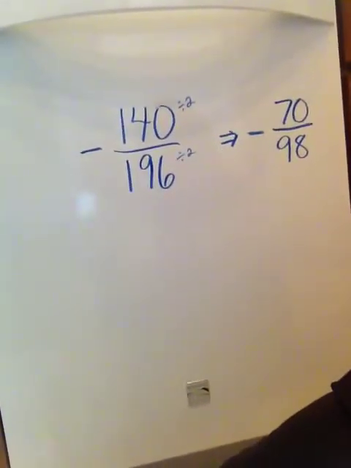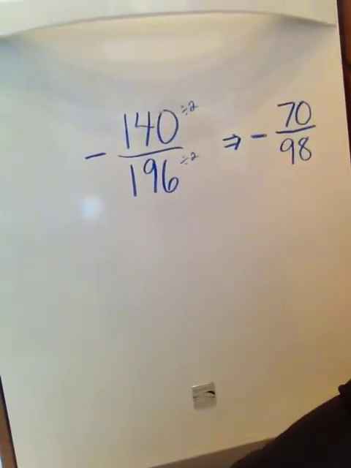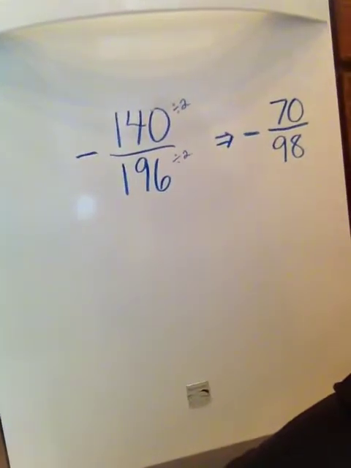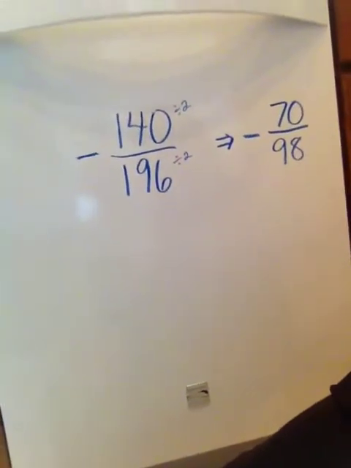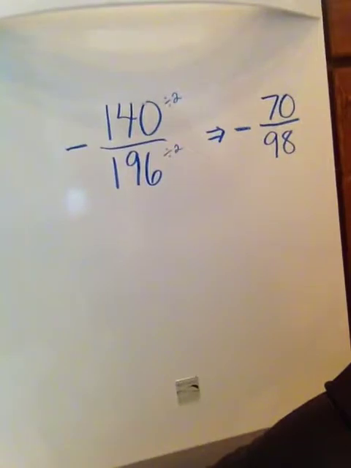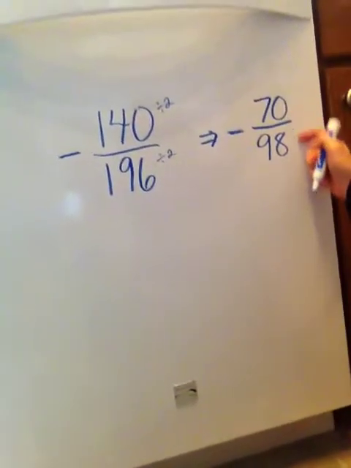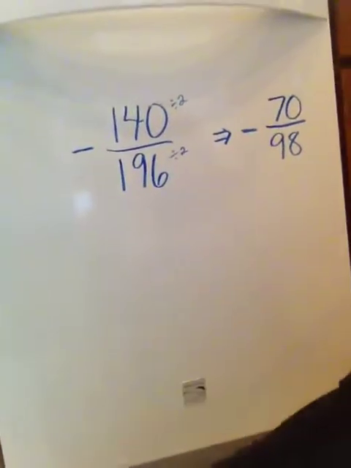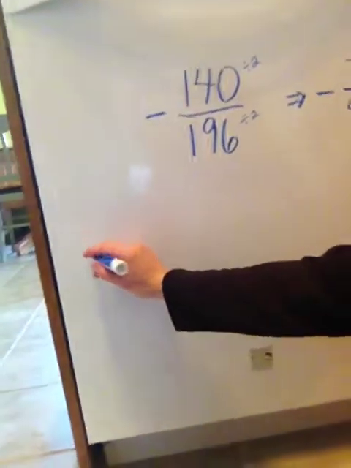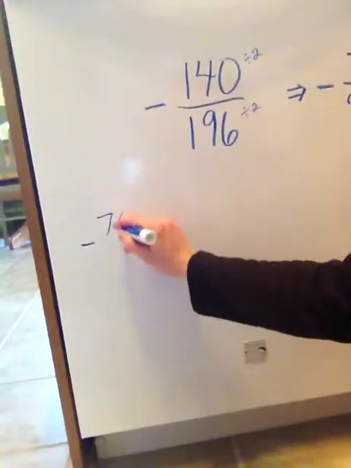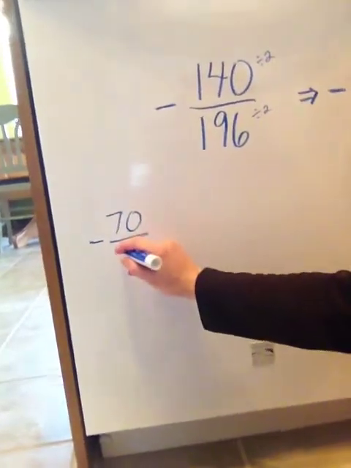Okay, so now I need to figure out, is there anything that would also go into 70 and go into 98? If so, then I'm not done. I have to keep going. And I happen to notice that they're both even, so I know at least 2 would. So maybe you come over here and you just keep going with 2, which is fine.